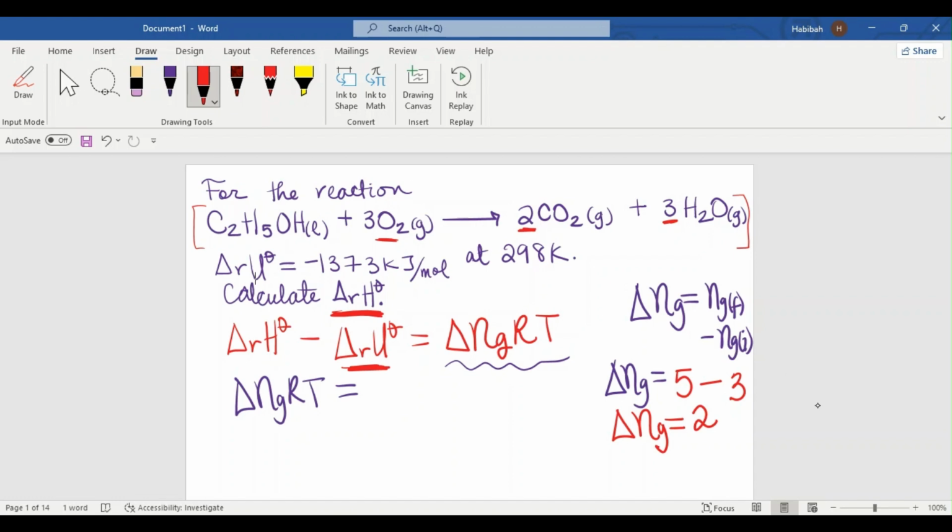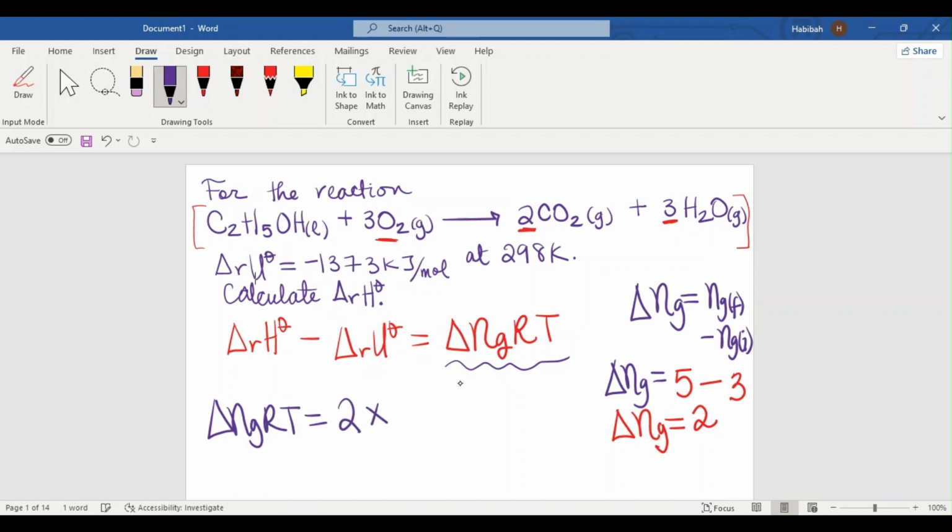So we have that information. Rewriting what we have, we will solve this. We have change in n_g RT equals 2 times the gas constant, which is 8.3145 joule per mole Kelvin, times the temperature, which we're told is 298 kelvins.